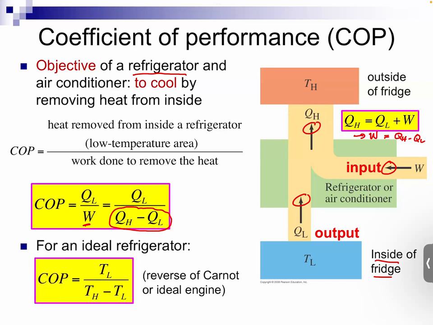For an ideal refrigerator, just like we did for the ideal or Carnot engine, instead of using the energies Q, we use the temperatures TL. So TL is the cold temperature inside the refrigerator, and TH is the hot temperature outside of the refrigerator.